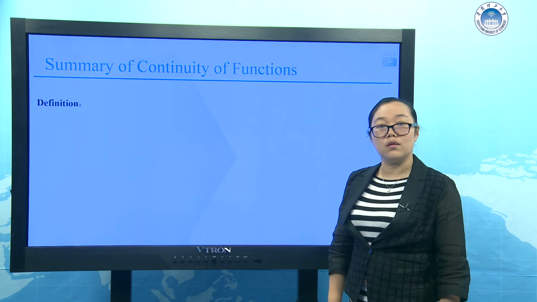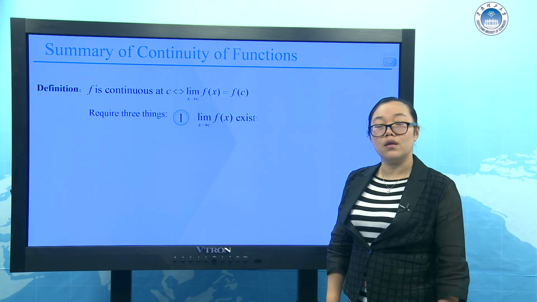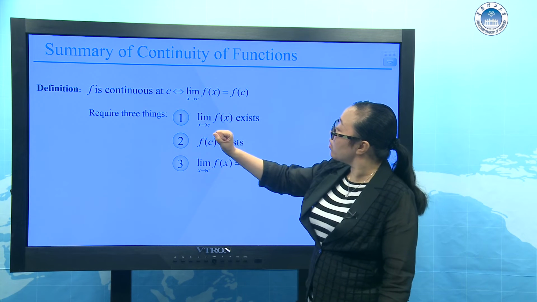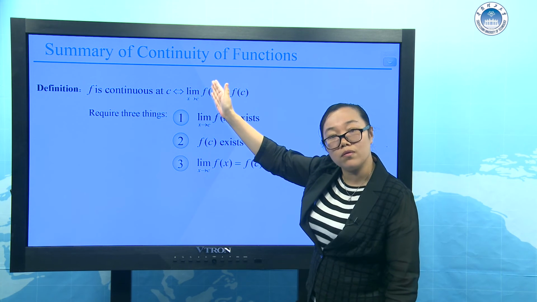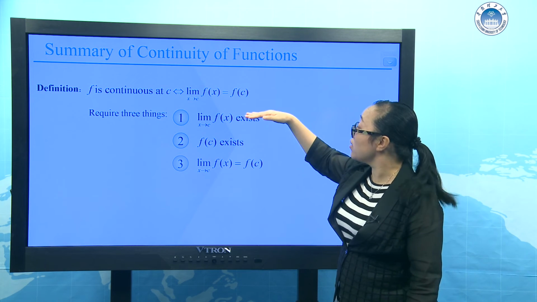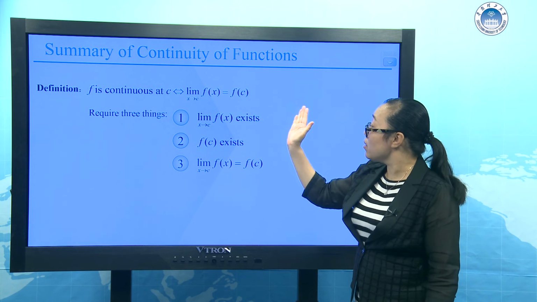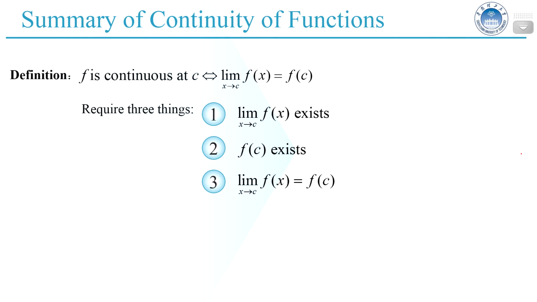Now look at our summary. The definition: f is continuous at some point if and only if, equivalently, 3 conditions hold. The limit exists, f is defined at the given point, and the 2 values are equal.